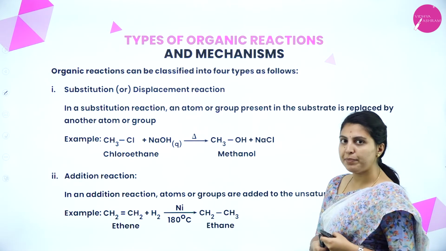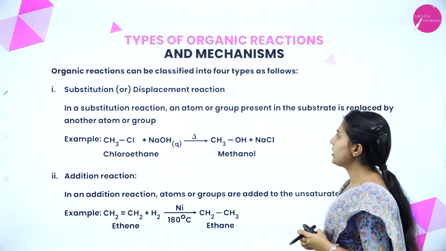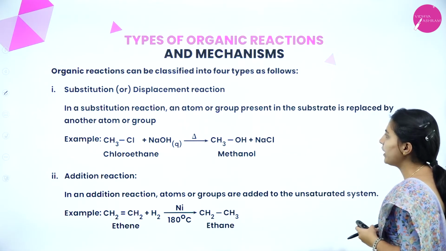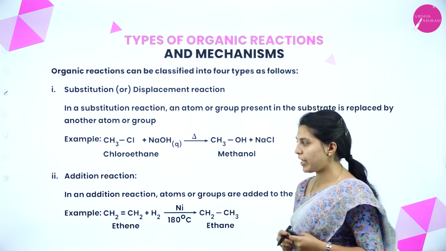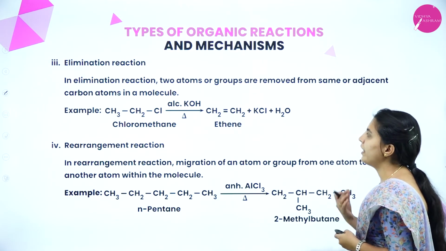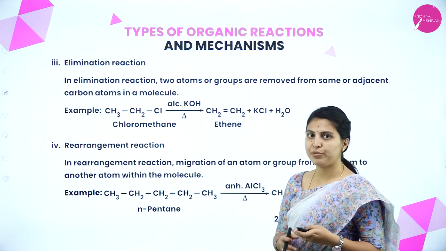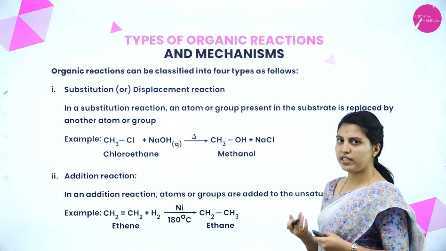Next is types of organic reactions and mechanism. Organic reactions can be classified into 4 types as follows: substitution or displacement reaction, addition reaction, elimination reaction and rearrangement reaction. We'll see one by one. What is a substitution or displacement reaction?